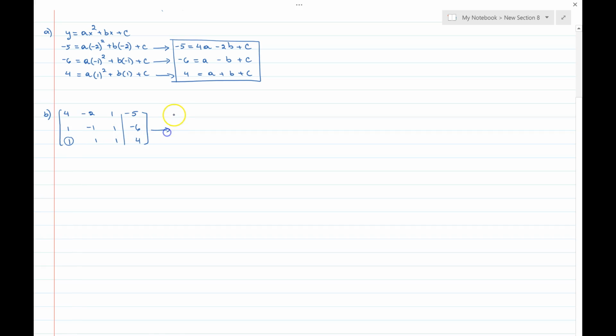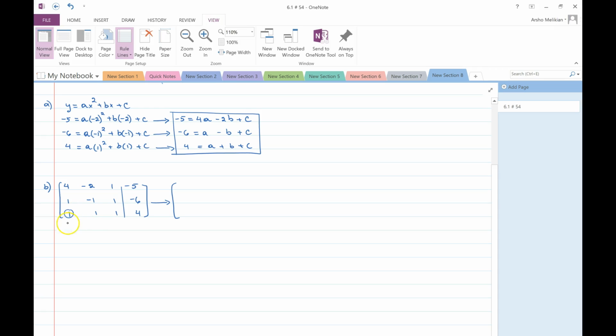So if I want to get rid of the one that I've circled here, what am I going to do? I could do row 2 minus row 3. And I get 1 minus 1 is 0. Negative 1 minus 1 is negative 2. 1 minus 1 is 0.